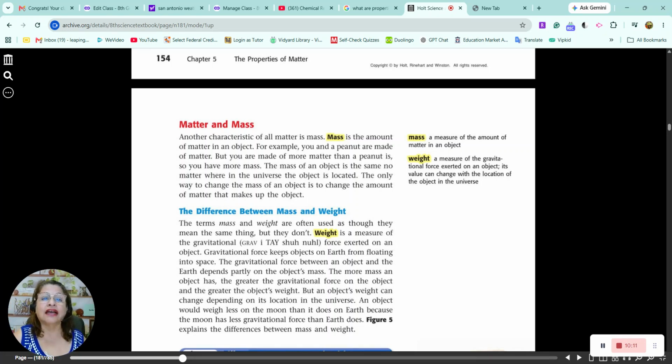So that's the difference. An object right here would weigh less on the moon than it does on Earth because the moon has less gravitational force than the Earth does. I hope that clarifies that for you. I know it's sometimes difficult to visualize, but mass is the largeness and weight is the pull, the force.